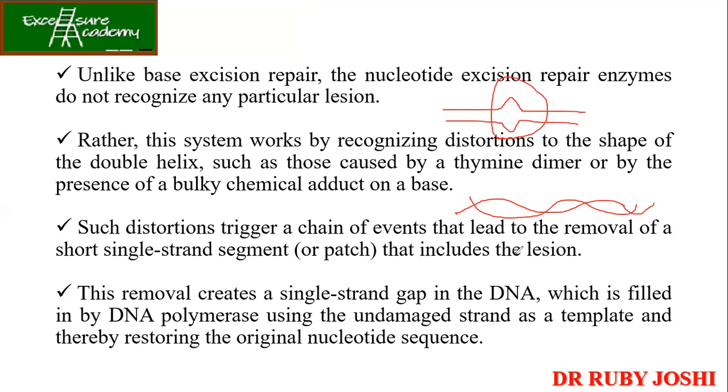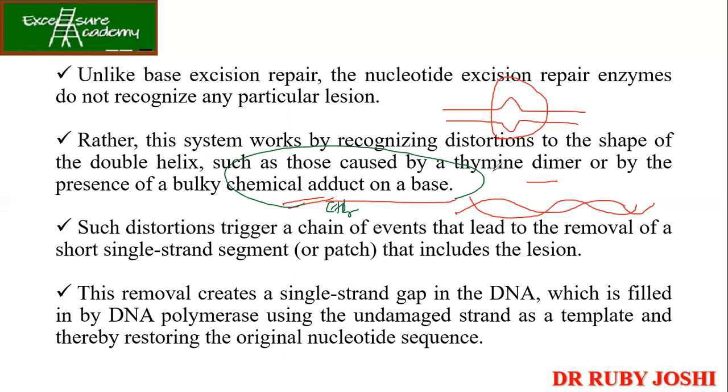Such as those caused by the thymine dimer or by the presence of a bulky chemical adduct on a base. So you can understand that if there was an EtBr intercalating dye or any alkylating agent present, then these are repaired by the mechanism of nucleotide excision repair.